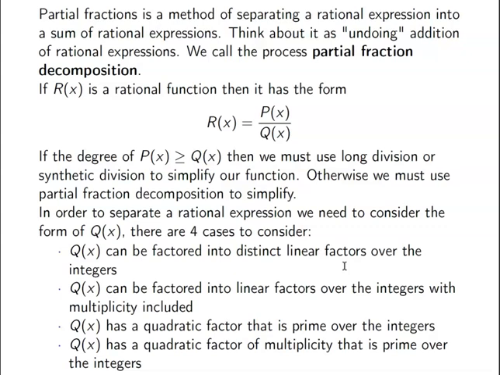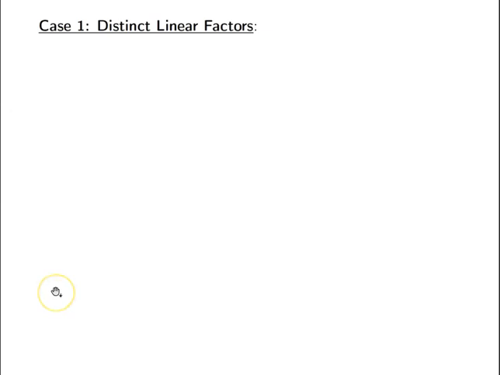And the fourth case is that they are quadratics, and that they are prime, and that there's multiplicities of them. There's more than one of the same thing there. So those are the four cases: all linear factors that are distinct, linear factors with multiplicities, prime quadratic factors, and then prime quadratic factors with multiplicity.